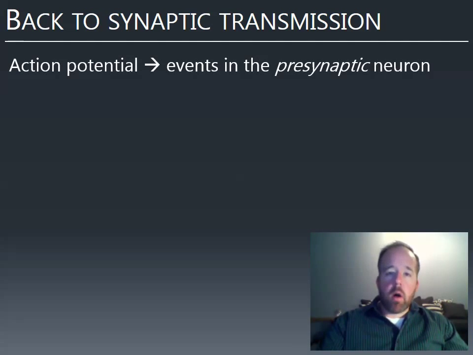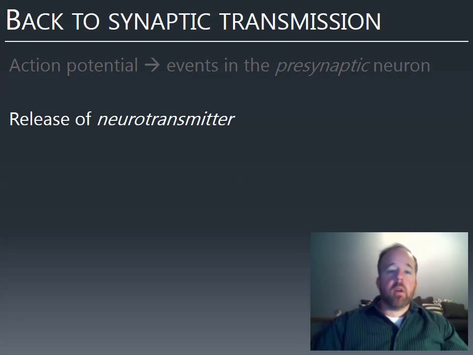So if we recall, for the presynaptic neuron, an action potential comes down the axon into the axon terminal, and that triggers a set of events in the presynaptic neuron. The calcium comes in, synaptic vesicles attach to the membrane, and open up and release neurotransmitter. So that's the second step. As neurotransmitter gets released into the synaptic cleft, that is the space between the pre- and postsynaptic neurons.